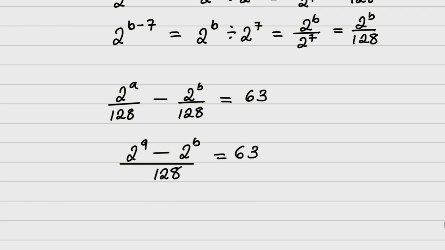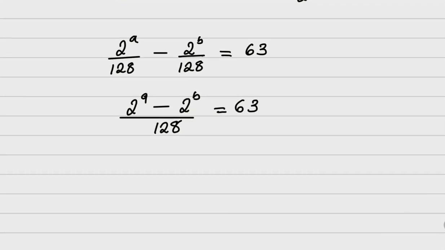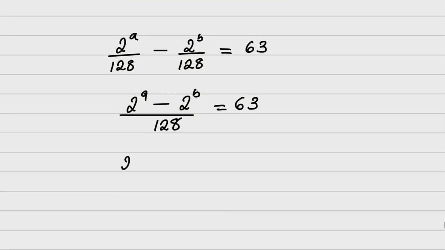Now, on cross multiplying, I'm going to have 2 raised to power a minus 2 raised to power b is equals to 128 times 63. Now, you see, I wouldn't want to multiply because I want to use a trick here, okay, to actually simplify this question further to find the values of a and b.